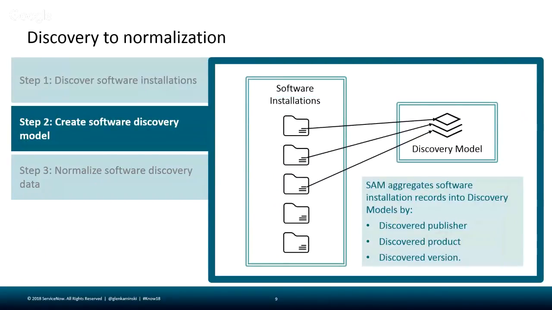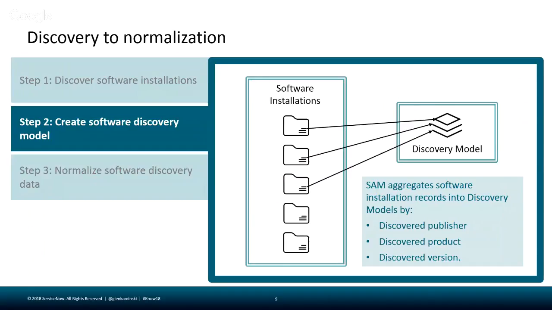Next, as we discussed, we're going to take all of the software installations and combine those, aggregate that data into discovery models. And again, that is governed by a unique combination of discovered publisher, discovered product, and discovered version. That's going to give you that unique list of all the software that is installed within your environment.